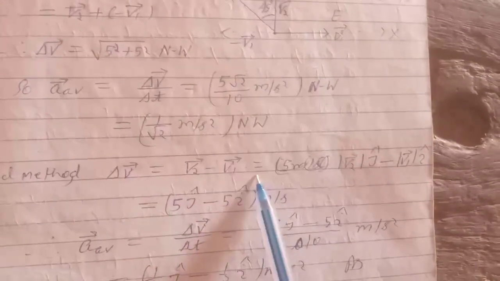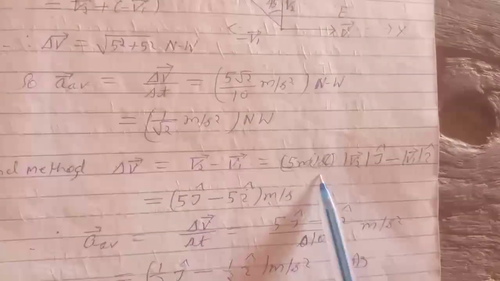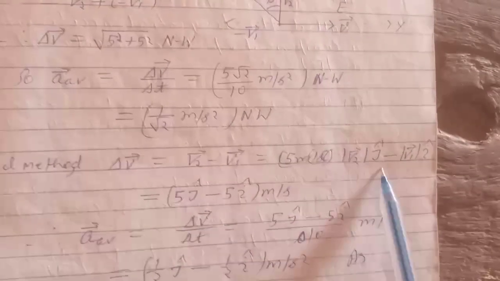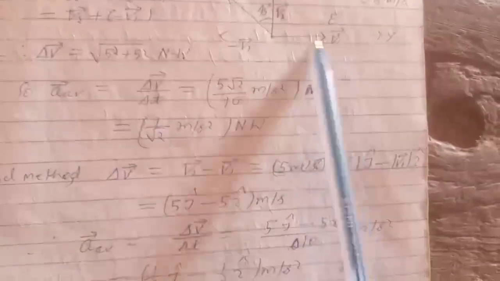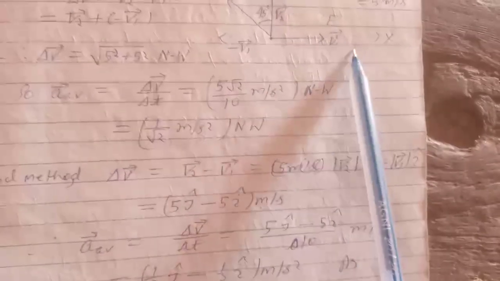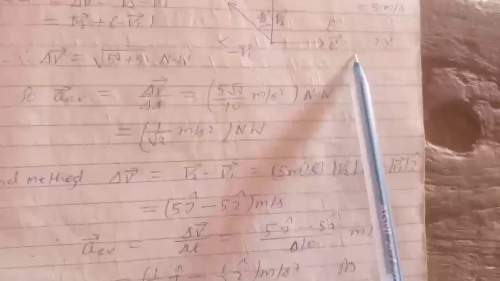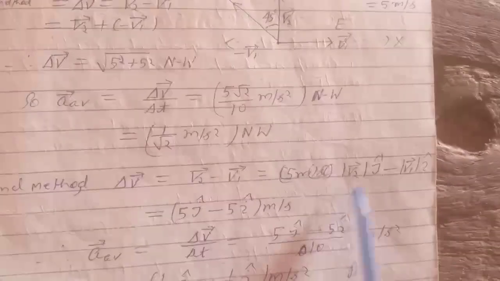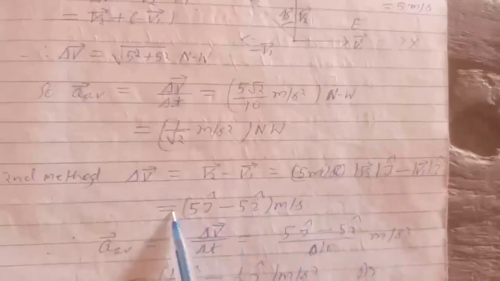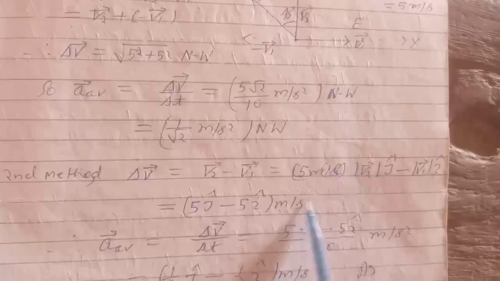Second method: delta V equals V2 minus V1, equals mode of V2 j cap minus mode of V1 i cap. Because this is V1, magnitude into direction represents the vector, so mode of V1 into i cap, and this is V2, magnitude into direction, so V2 into j cap, equals 5 j cap minus 5 i cap meter per second.